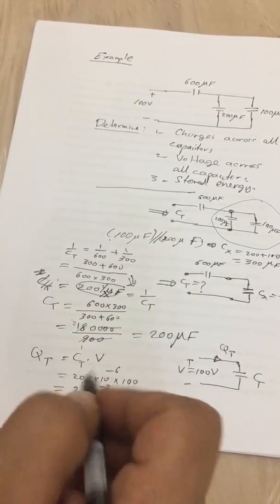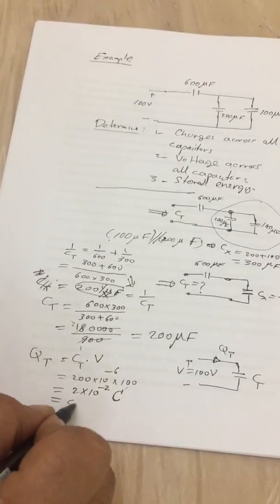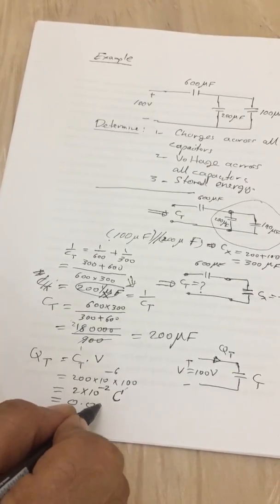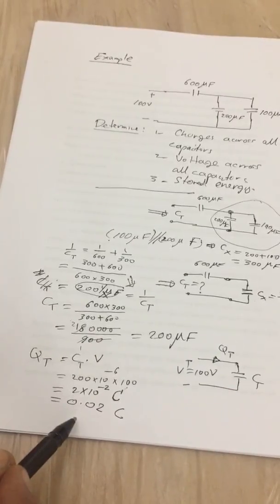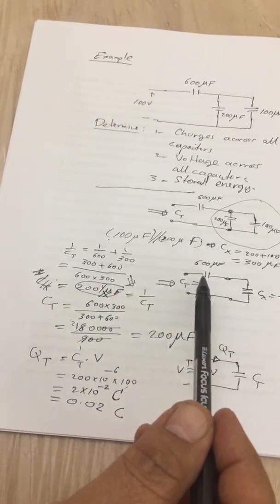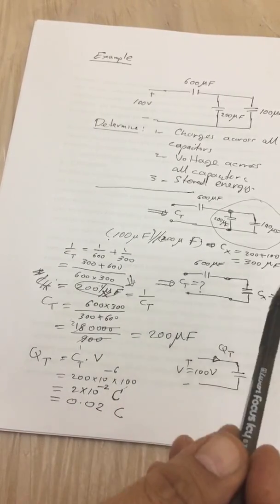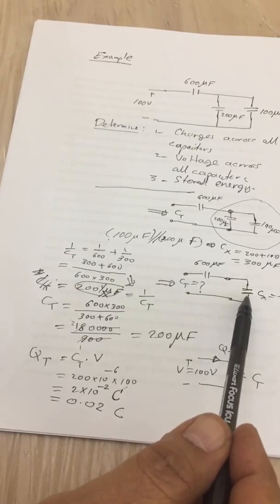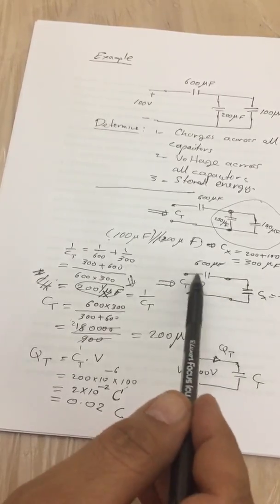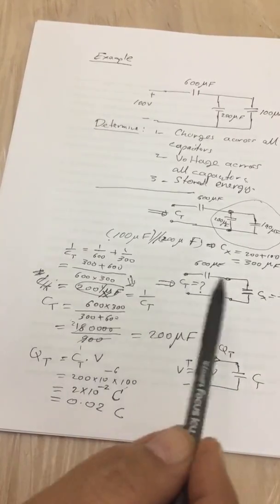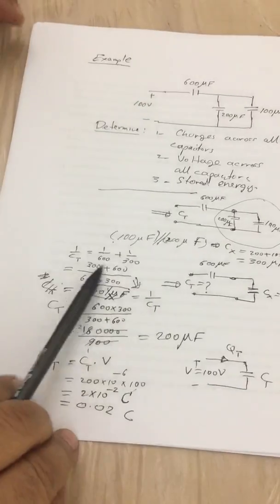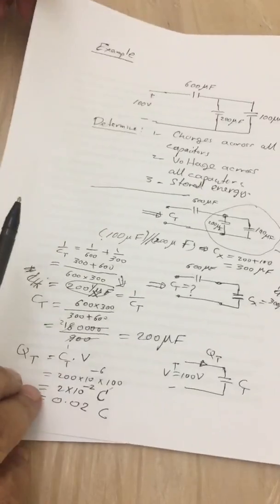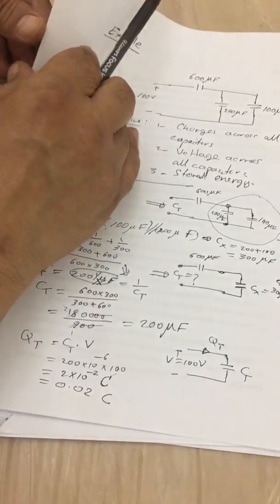This 0.02 coulomb, this charge here, is the same as the charge of the 600 microfarad as well as Cx, which is the 3, because they are connected in series. This means that the charge is the same.